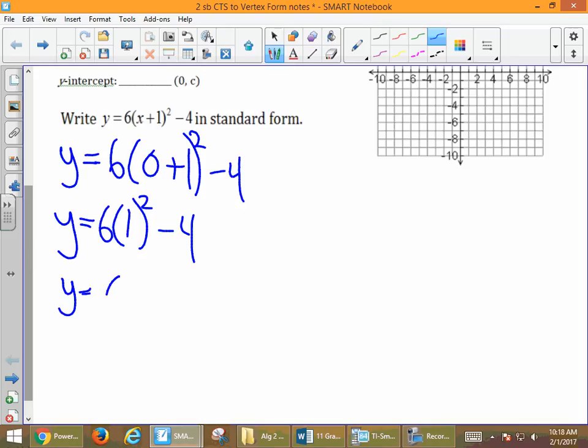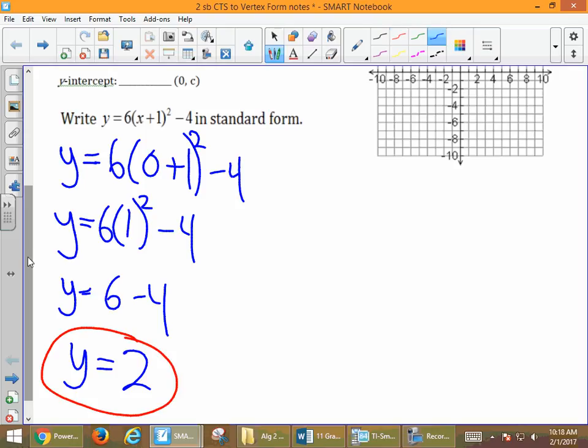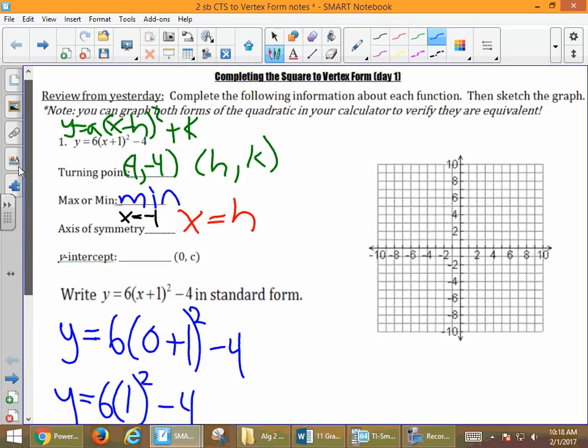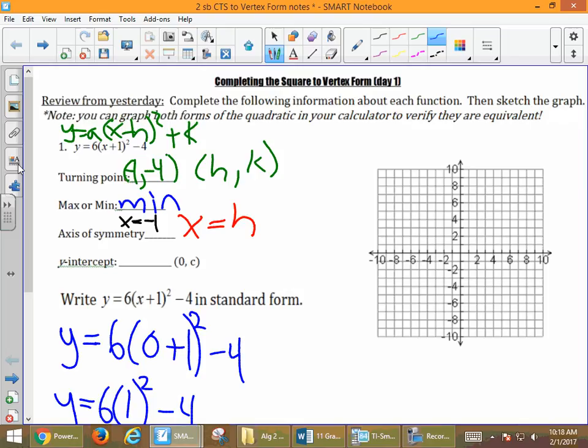So we have y equals 6 minus 4, and then this is just y equals 2. And so this is our y-intercept. But we have to remember, as an ordered pair, our y-intercept is always written as (0, the value we solve for), so (0, 2). And if our quadratic was written in standard form, how we typically see it, it would be (0, c), whatever our value for c is in that equation.